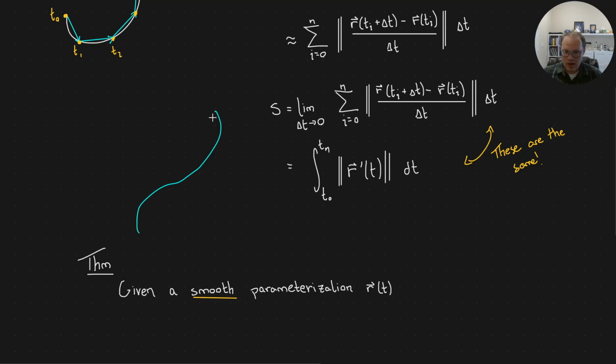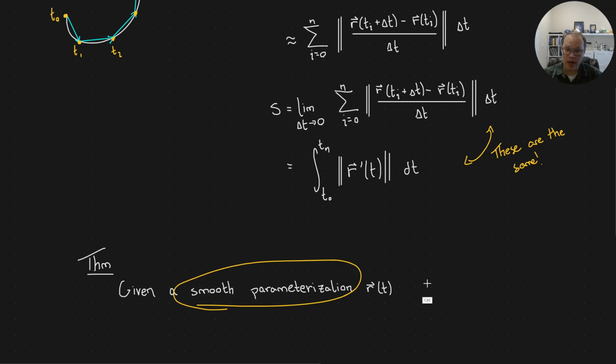If we want to map this curve, we don't want a parameterization that goes this way and then doubles back and then comes back this way, right? Because then we'd be double counting portions of the curve. So if we want an accurate measurement of the length of the curve, not the distance of how far we've traveled, but the length of the curve, we need to not be able to double back on ourselves.